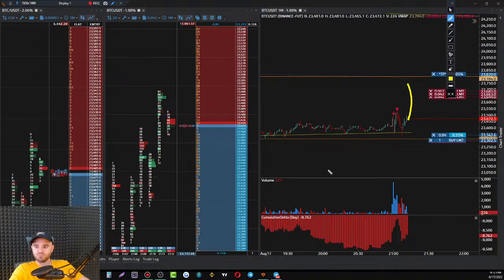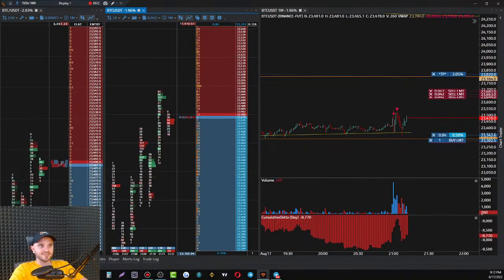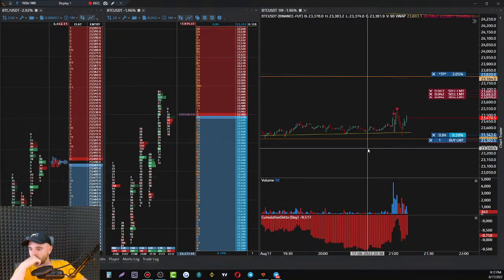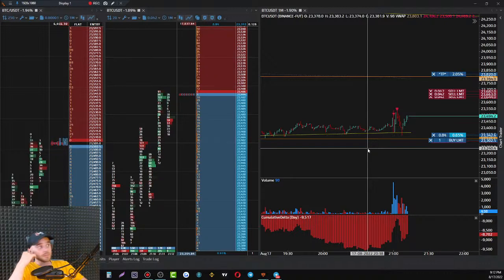And big pump, big candle. That would be really awesome. I keep this BTC trade.